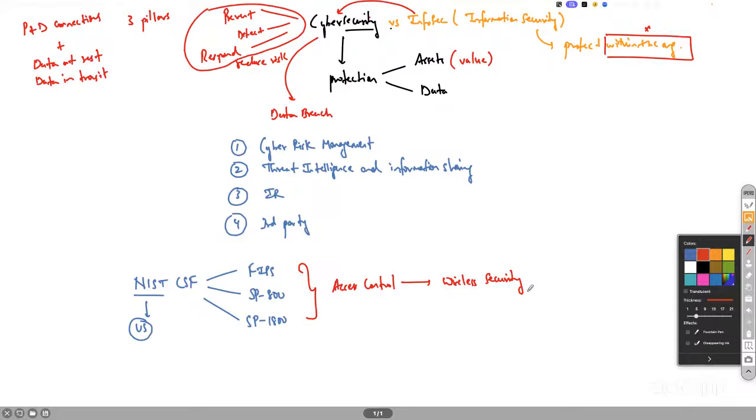So these NIST publications truly are, let's just say, a treasure of valuable and practical guidance that organizations can incorporate when they're thinking about implementing cybersecurity policies or programs. Now this is from a US perspective. A lot of US organizations will adopt NIST. Now what about the rest of the world?